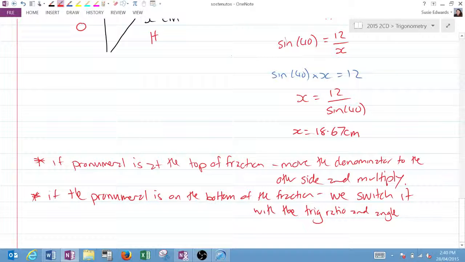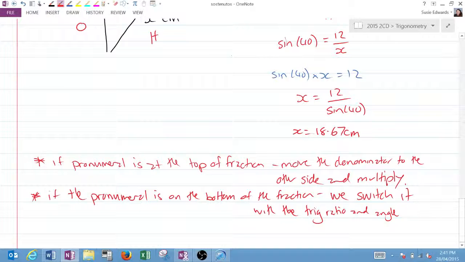So we switch it with the trig ratio and angle. Any questions about that? All good?